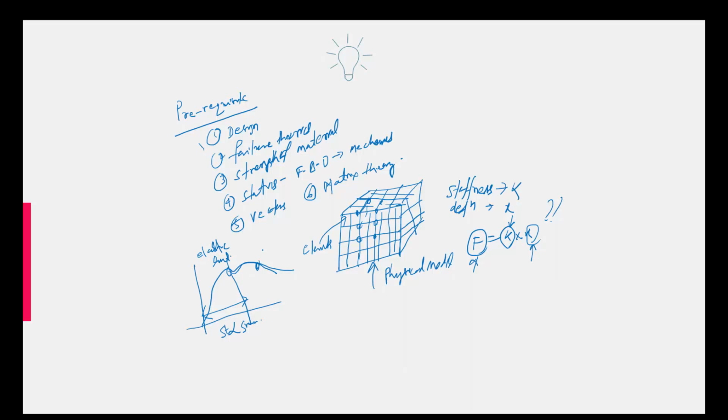Natural frequency, or the normal mode analysis, calculates the free vibration, or you can say the natural frequencies and associated mode shapes of the structure, which can directly create resonance.